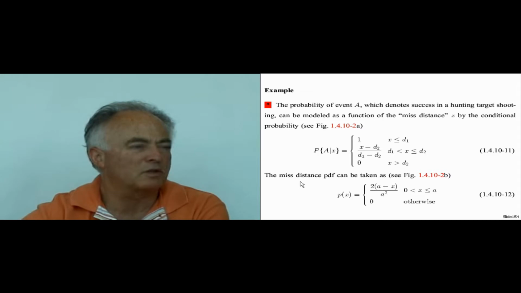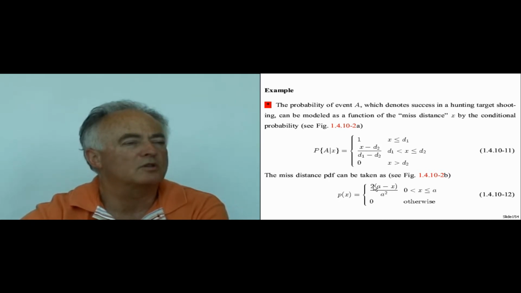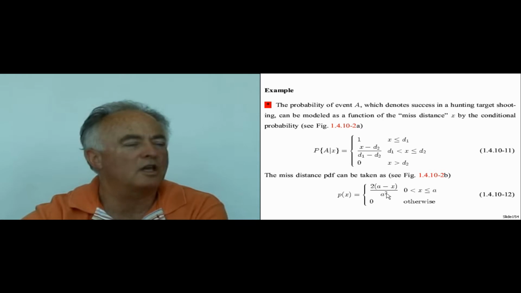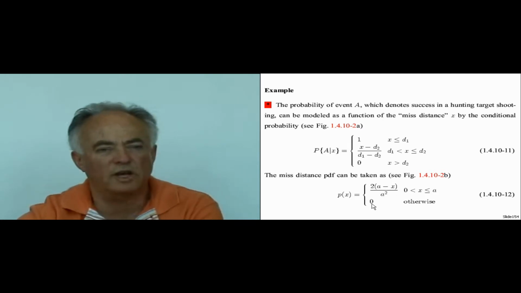So this miss distance PDF can be taken, we'll use an expression here, p of x is, this is a triangular density, we'll see it in a moment. So between 0 and a, there's some value, highest at 0, lowest at a, at which point it becomes 0 and it stays 0 after a.